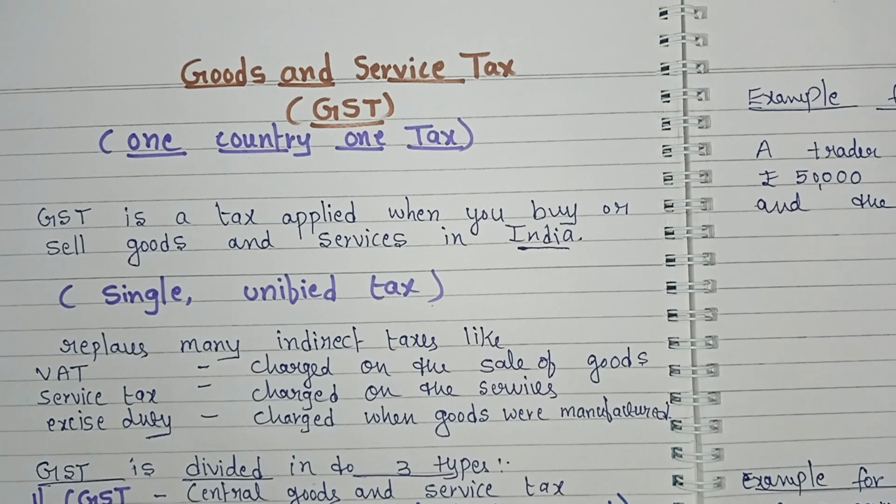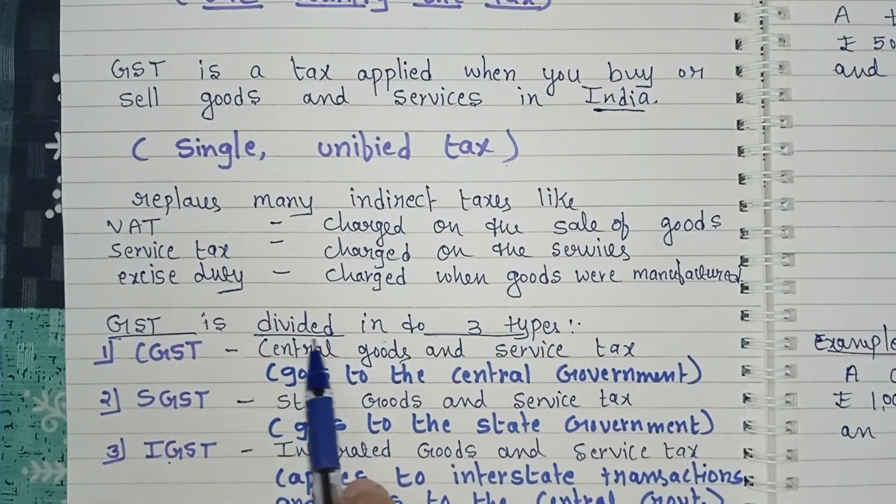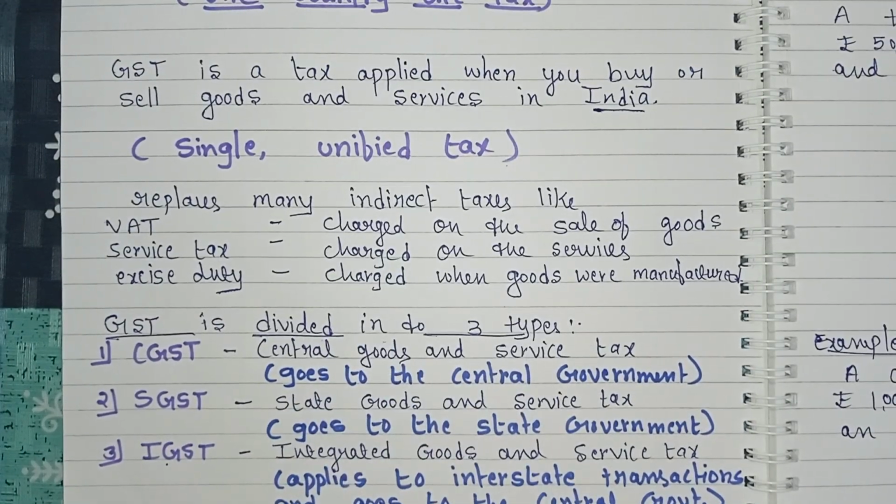So all these taxes were merged into one tax, making it easier to calculate and avoiding confusion. GST applies uniformly across the country whether you are buying a product or availing a service.